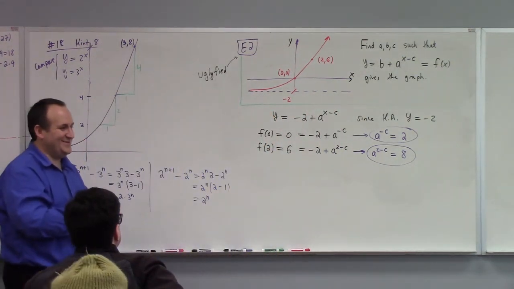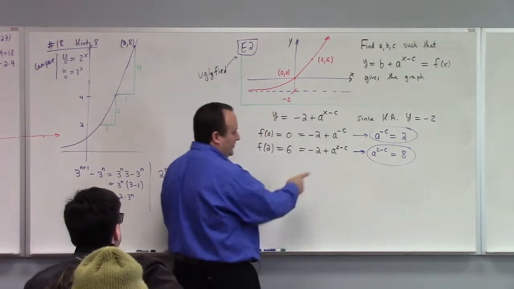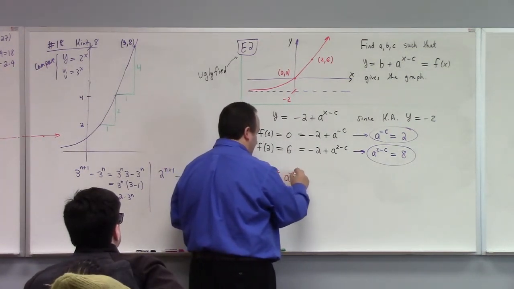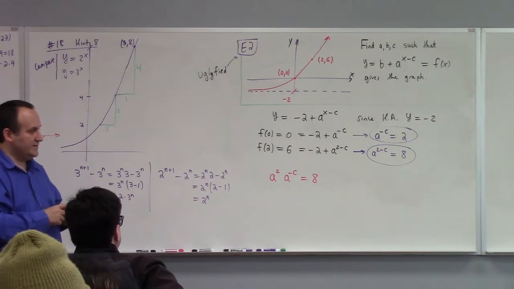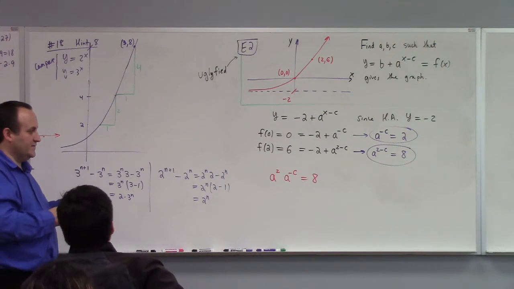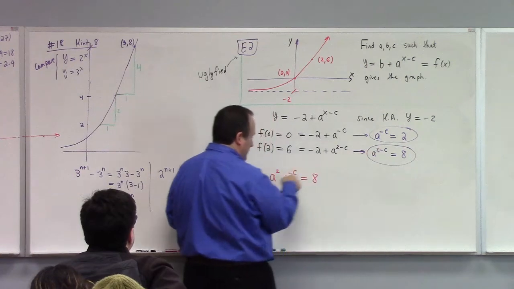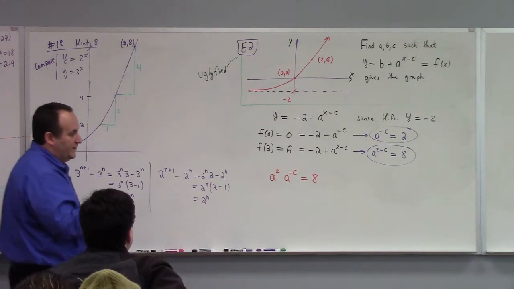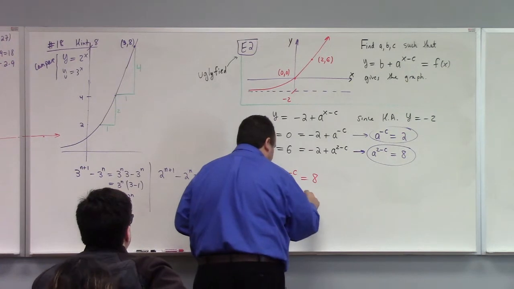How about we take the second equation and write it as a to the 2 times a to the minus c equals 8, because of laws of exponents. And then, this is how you typically solve systems of equations, at least at this kind of course. We do substitution. So we can substitute the first equation, a to the minus c is equal to 2. We're trying to solve both of these equations at once because we want the graph to go through both points. Both of these things have to be true at the same time. So anyway, this gives us a squared times 2 is equal to 8.